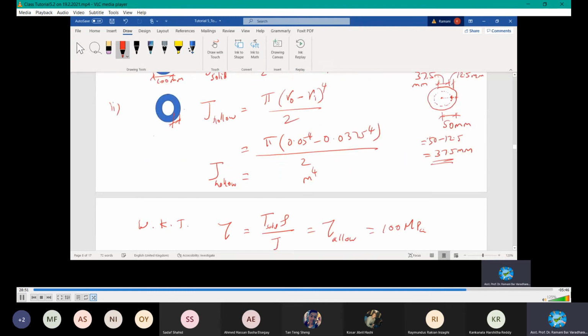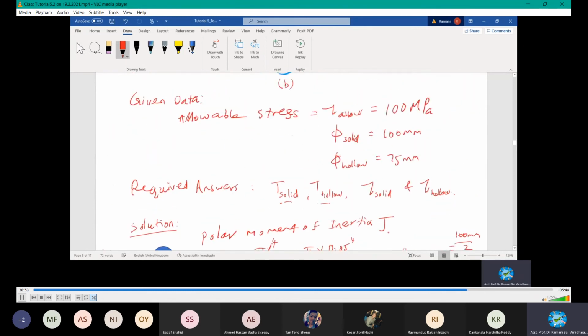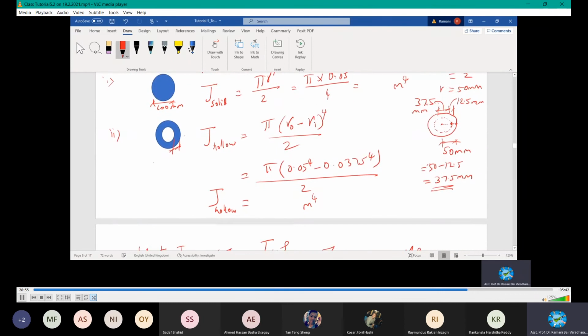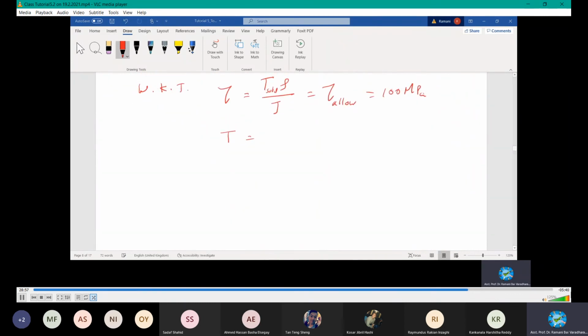Torque of solid T_S is equal to tau allowable.